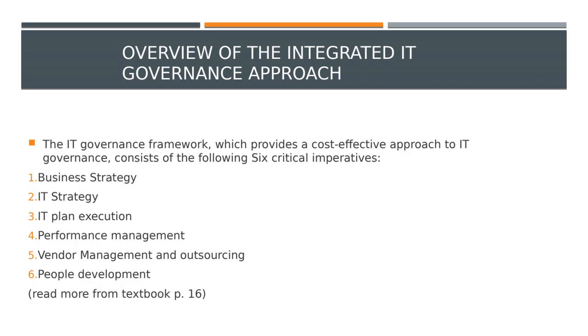So here we have an overview of the integrated IT governance approach. Why do we need to have integration? Because we want IT to be aligned with business goals. IT governance framework should provide a cost-effective approach to IT governance. It consists of the following 6 critical imperatives.